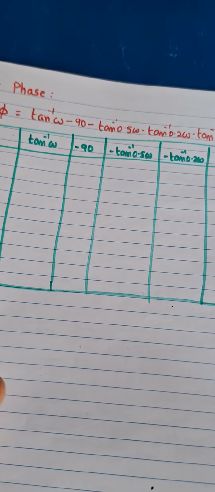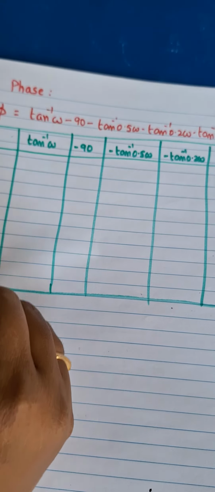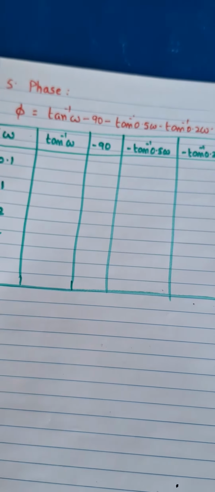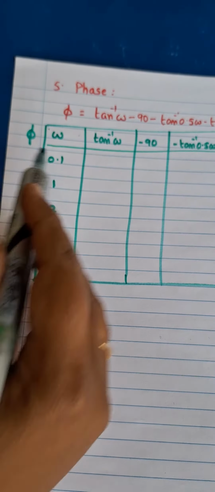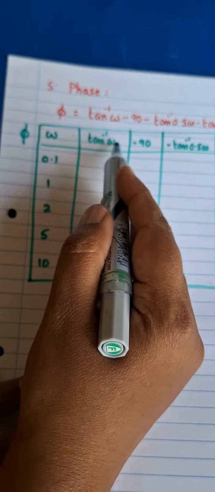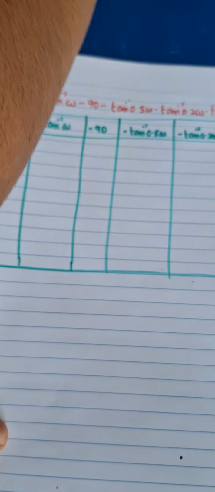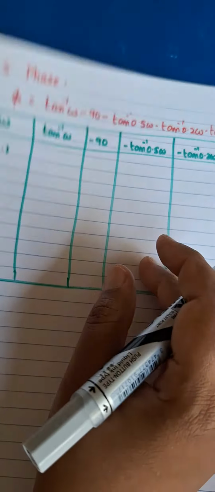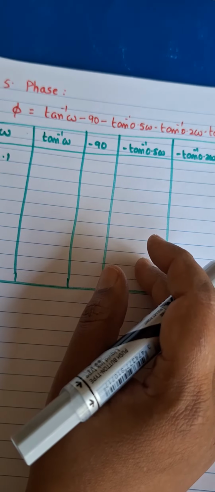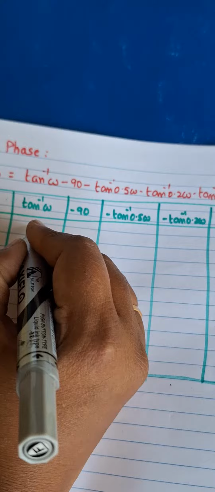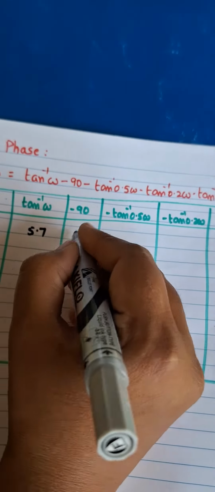Okay. So now what is the best way to do it? What we need is phase, right? So first 0.1. Find tan inverse 0.1 using your calculator. It will be 5.7. Then this is minus 90, write it as minus 90.